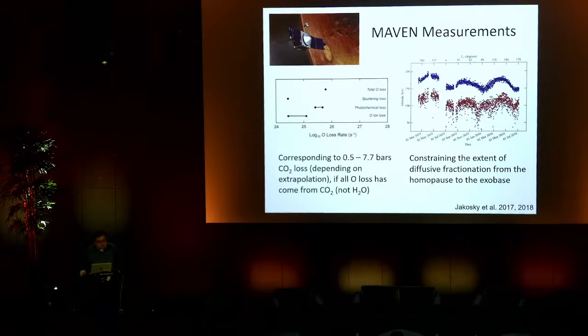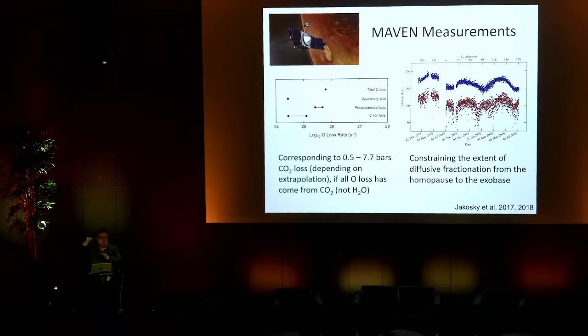Another piece of evidence that is quite important is the MAVEN measurements. Shannon just gave a fantastic talk going over the key known thermal escape processes and how MAVEN has made definitive measurements. I would like to point out what I found particularly impressive in the MAVEN measurements, which is constraining the distance from the homopause, where the atmosphere is well mixed, to the exobase, where the escape happens.